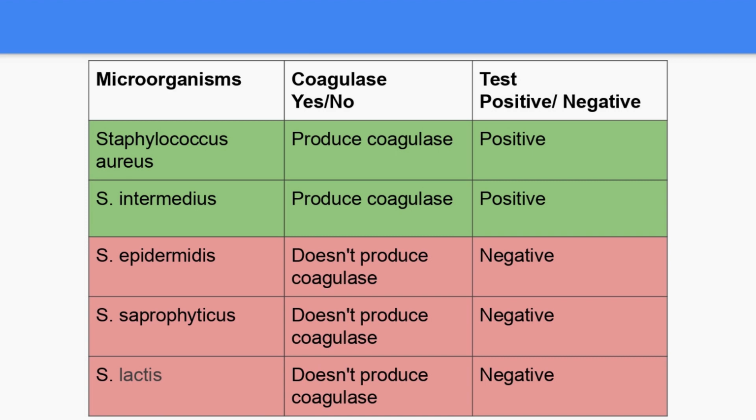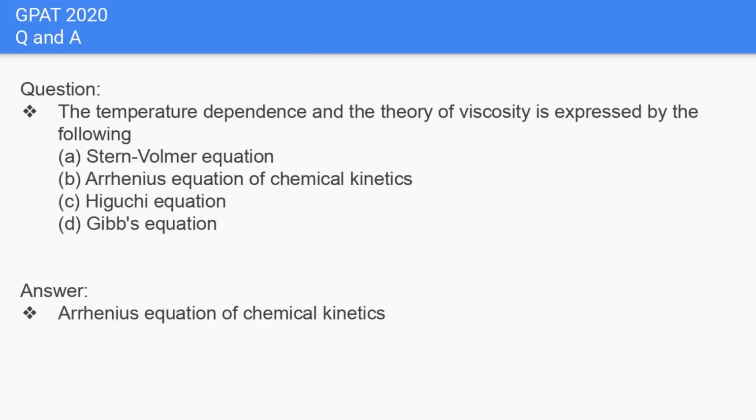You can see that here the species Staphylococcus epidermidis, Staphylococcus saprophyticus and Staphylococcus lactis cannot produce coagulase enzyme, and they give negative coagulase test.